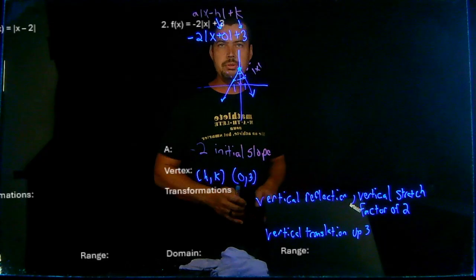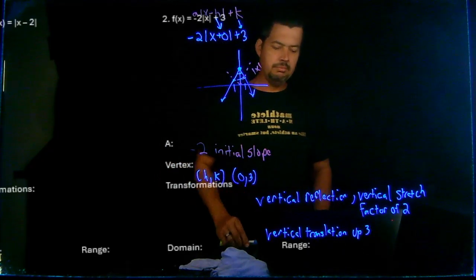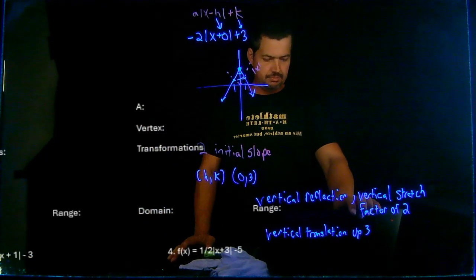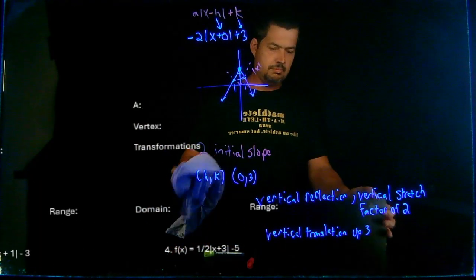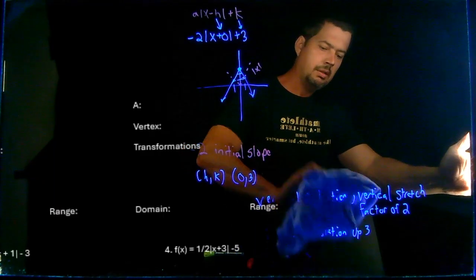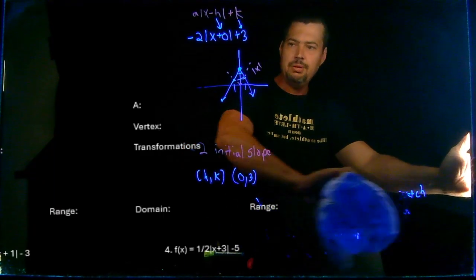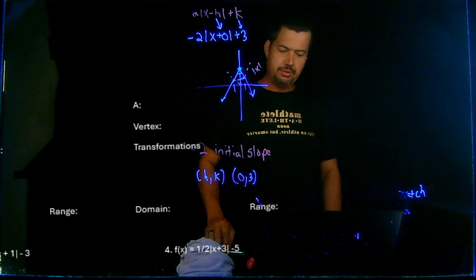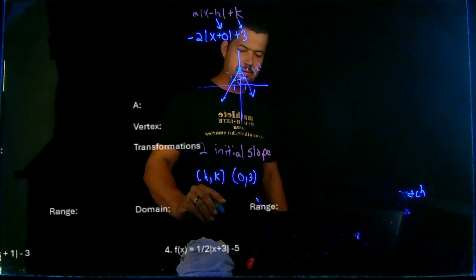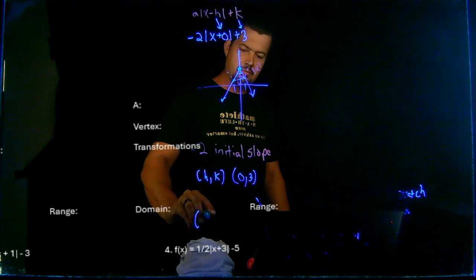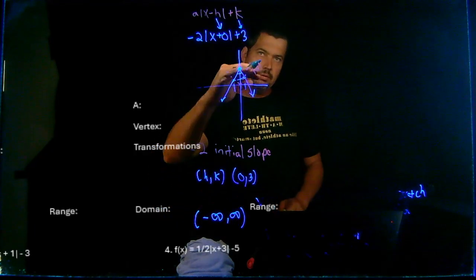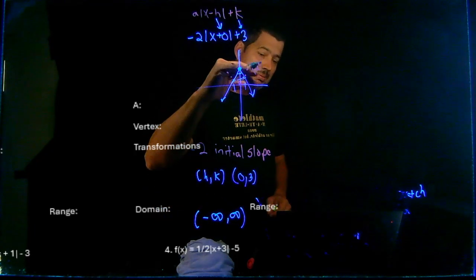There you go, there's number 2, children. Well, it's not too bad. We're also supposed to talk about domain and range on this one. So this V that we have, it is running left forever and it is running right forever. Therefore, its domain would be negative infinity to positive infinity. It falls forever, but it stops at a high value of 3.